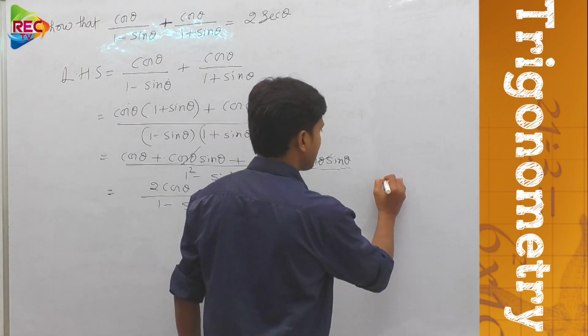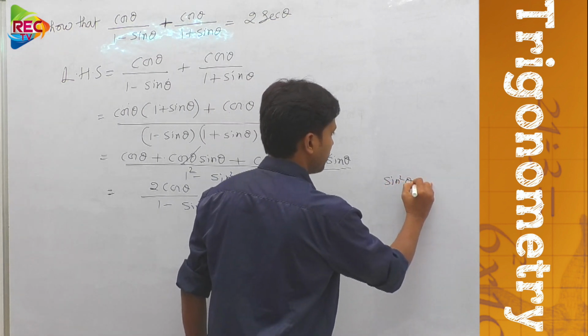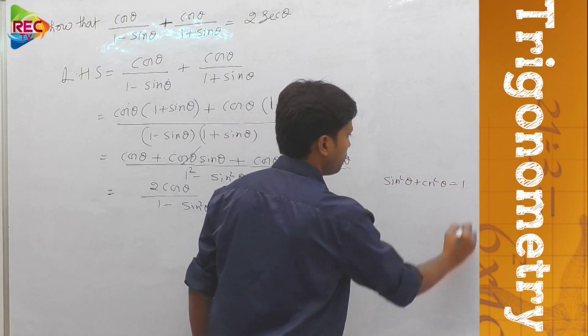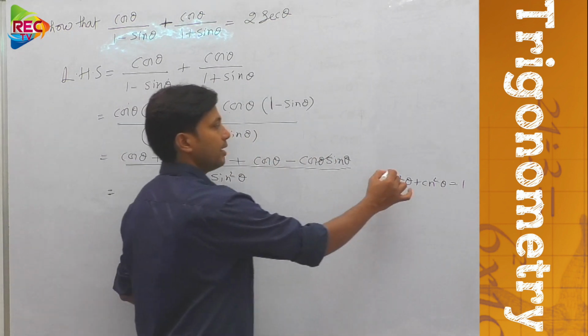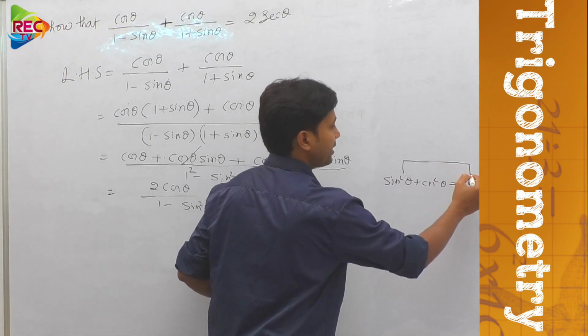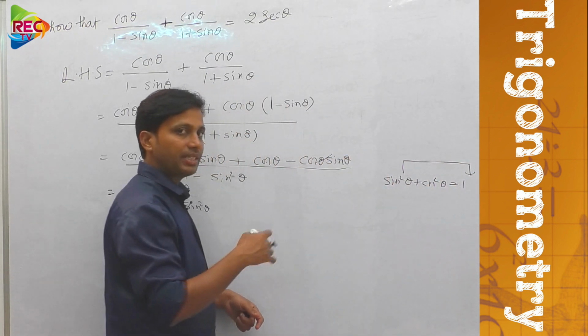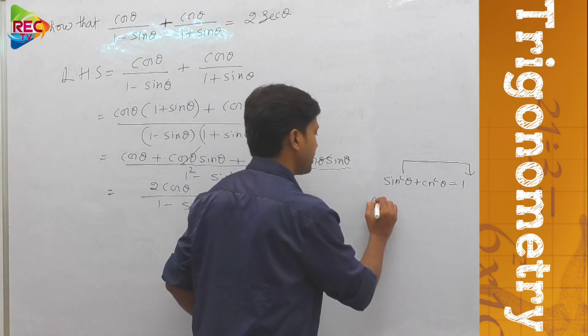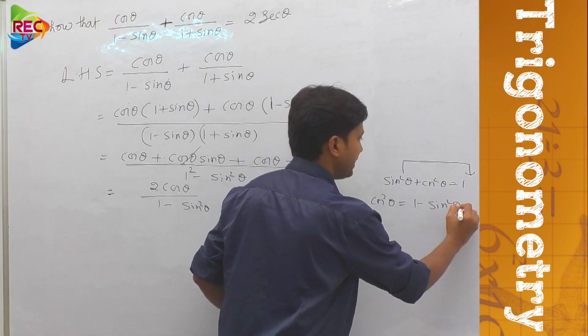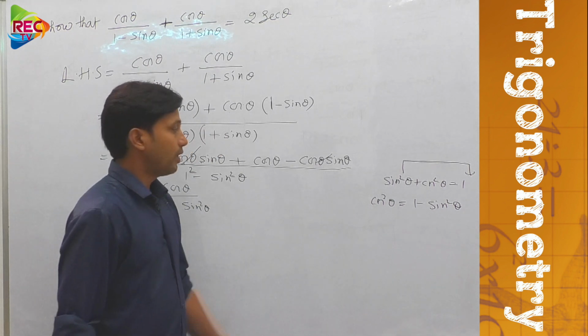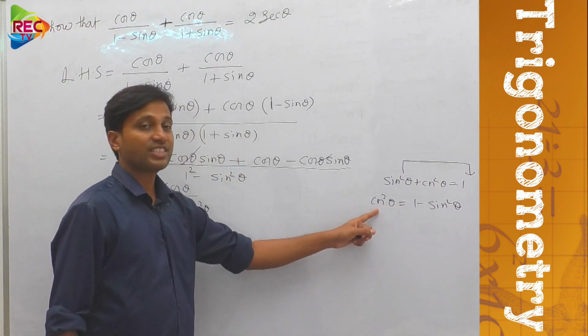What is it? Sin square theta plus cos square theta equal to 1. From this, sending sin square theta to the other side, cos square theta is equal to 1 minus sin square theta, right?